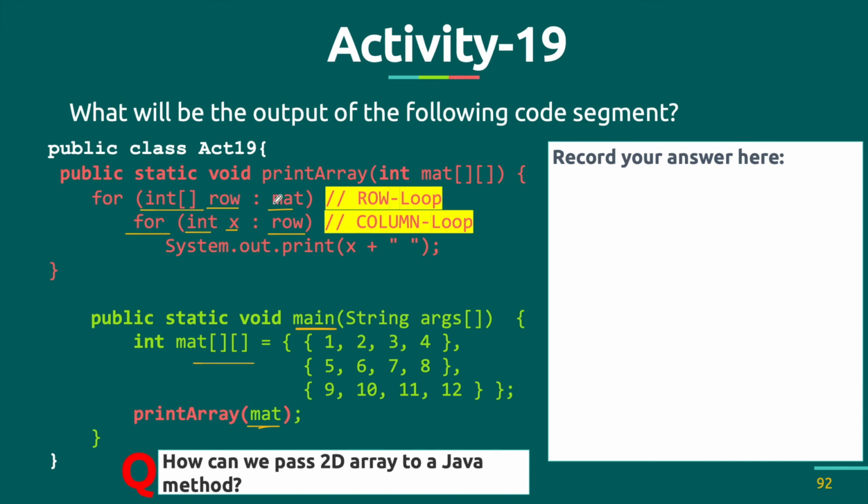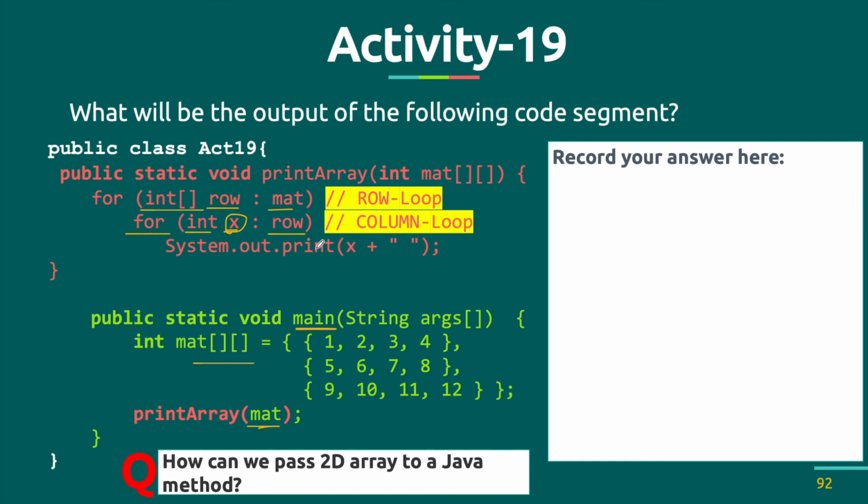In the inner loop, because each row is an array, we represent it at the right-hand side of the colon, and every value of the columns is a variable, and then we can print that value.